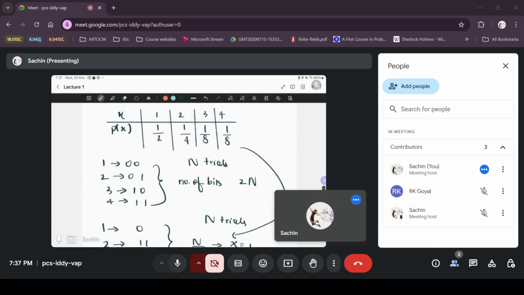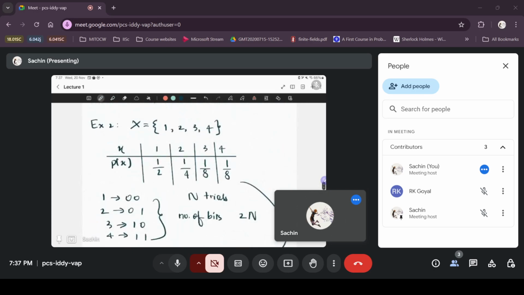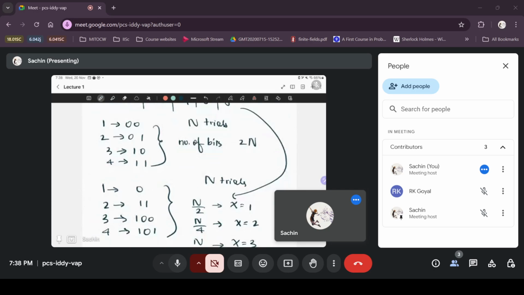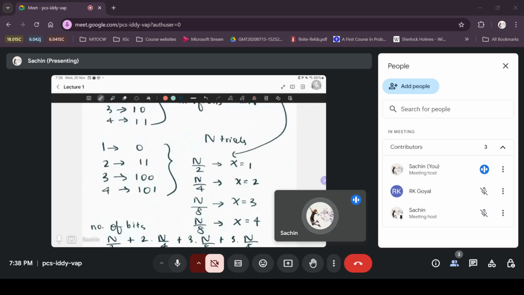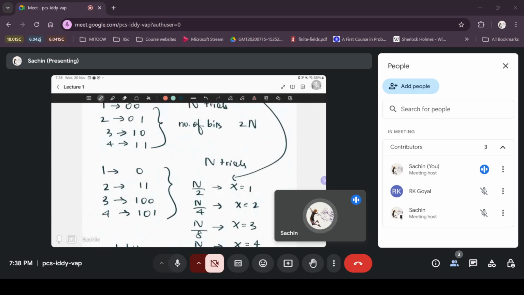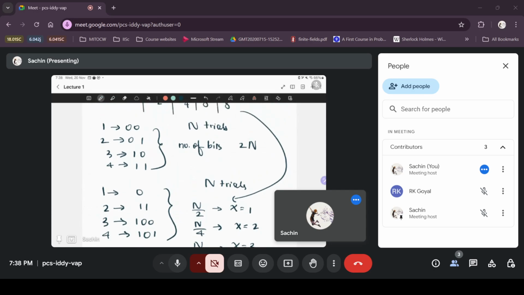So earlier you had represented each of the outcomes with 2 bits. So in n trials you needed 2 times n bits to represent the outcomes of each of the trials. But by using a coding scheme like this of variable length, where you represent 1 using a single bit, 2 using 2 bits, and 3 and 4 using 3 bits.